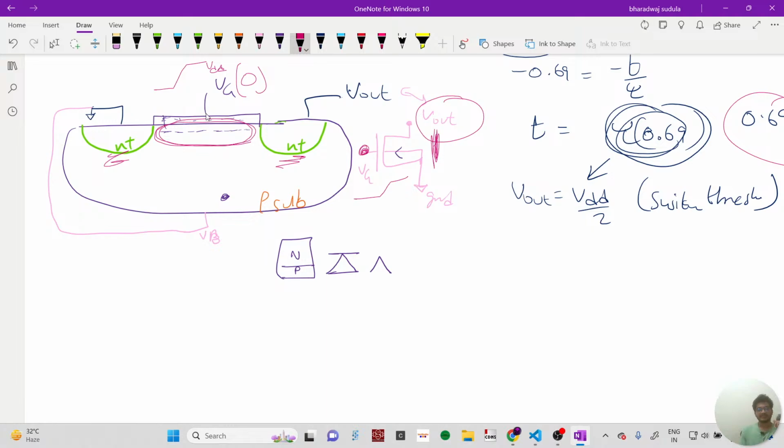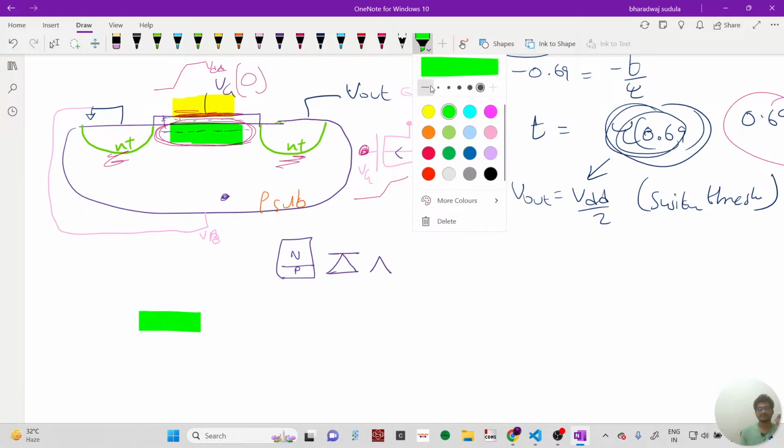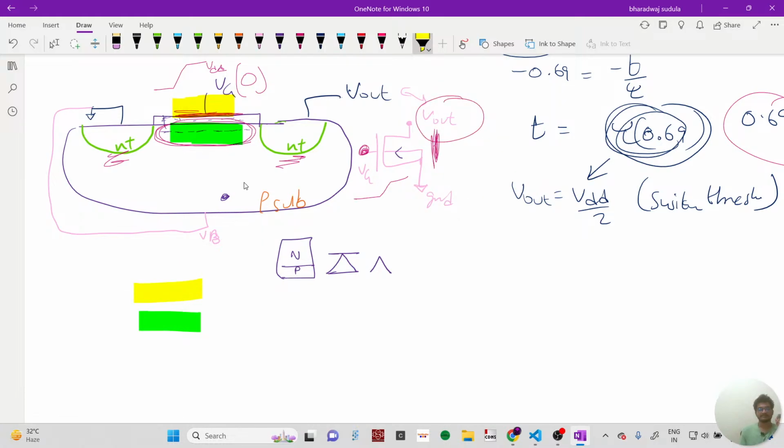If you carefully observe, this metal and this channel act as a capacitor. In between there is some insulator, that is actually SiO2. So we have what we can call CG, gate capacitance. For an NMOS, it's the gate capacitance.